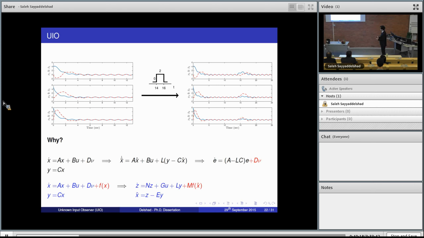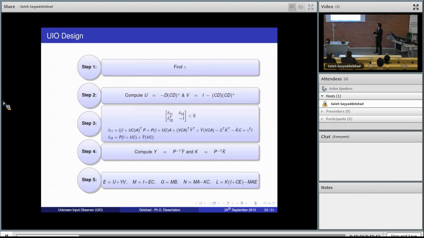The problem is now how to find the gains N, G, L, M, and E. So this is the general algorithm for unknown input observer design for the nonlinear case. You try to find the Lipschitz constant gamma and do some mathematical calculations. But here is the product, which is the linear matrix inequality that you have to solve and get a feasible solution to. And through that, you can find the observer gains.